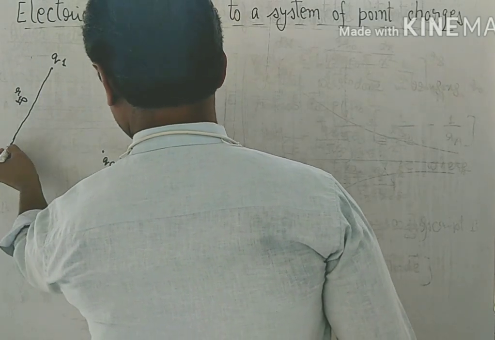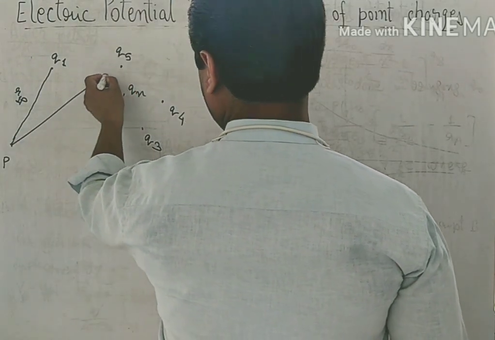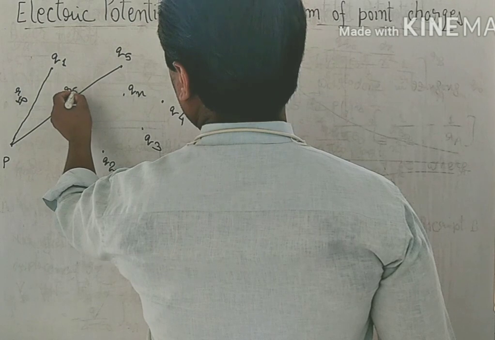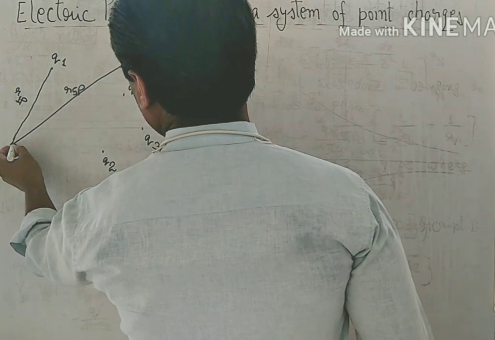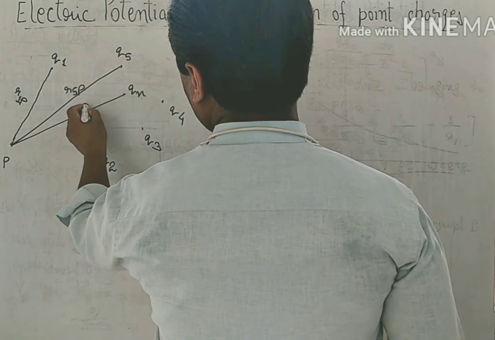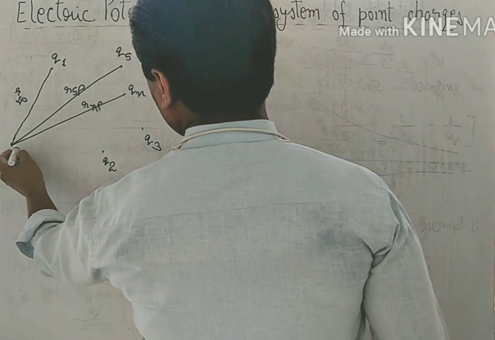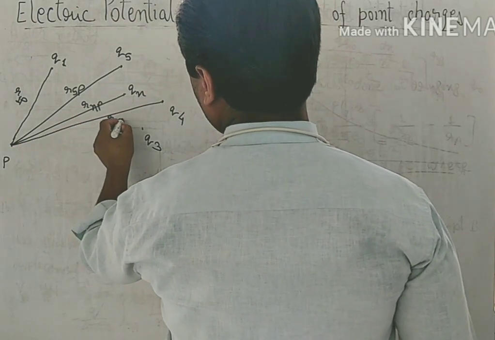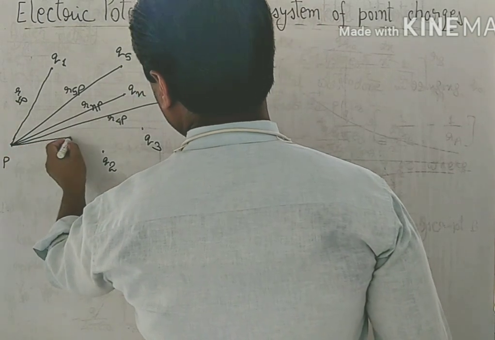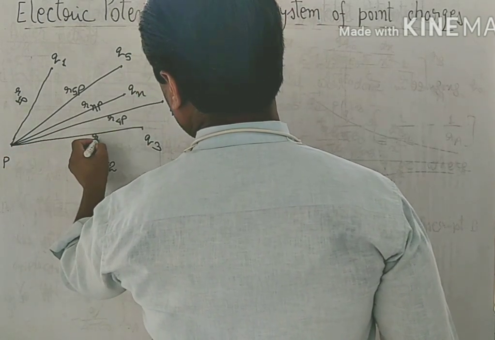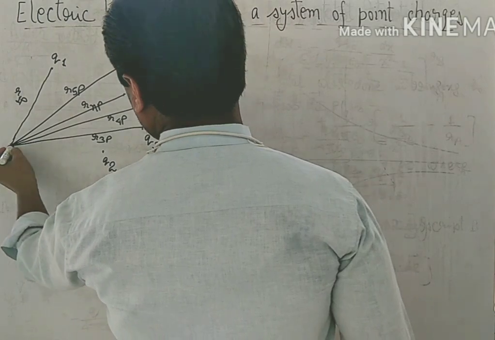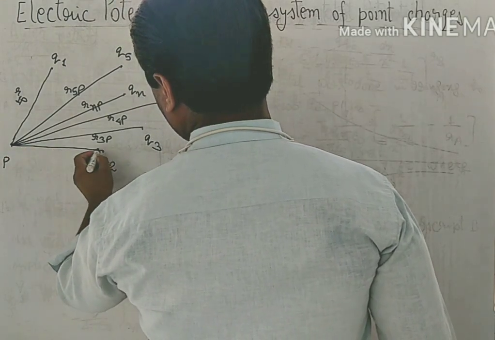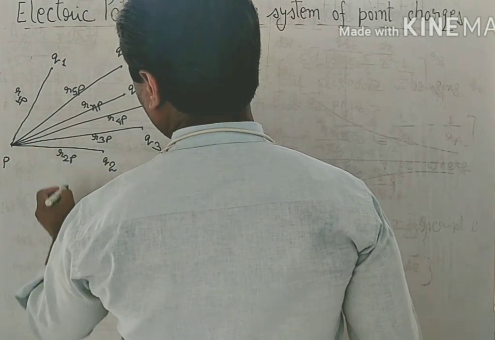Now this would be R5P, this would be RNP, this would be R4P, this distance has to be R3P, and finally this has to be R2P.